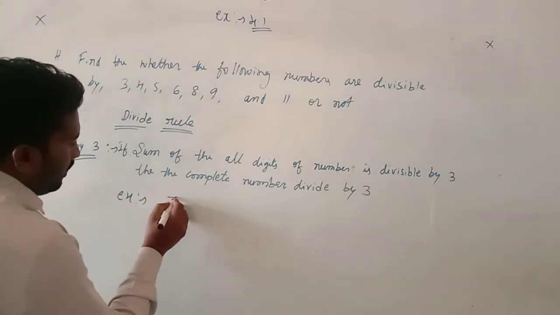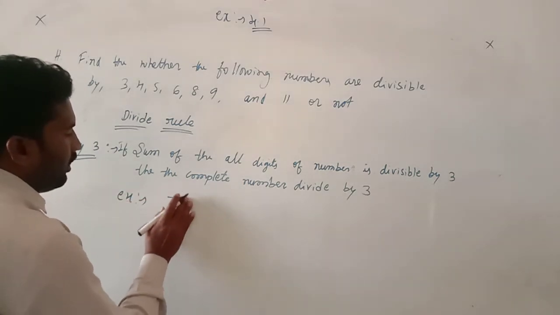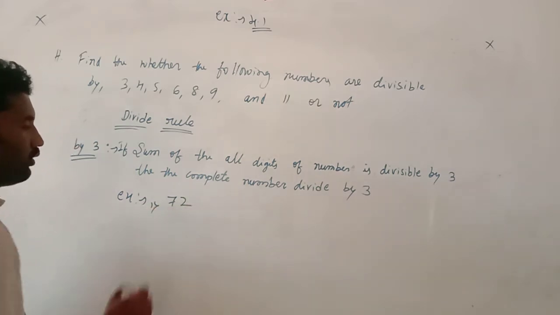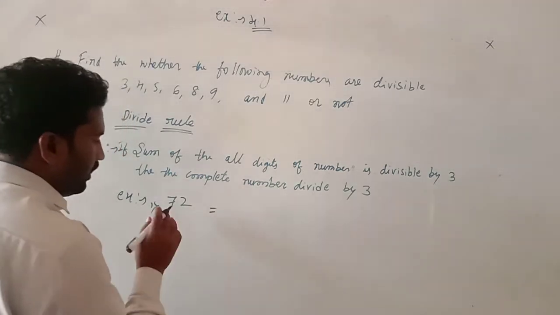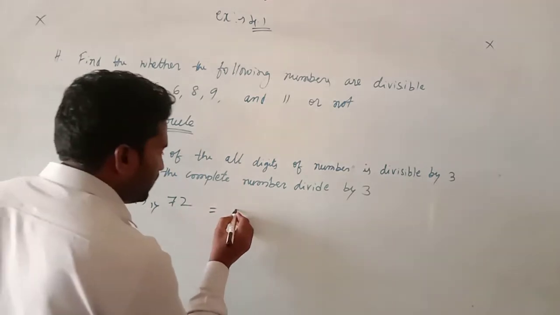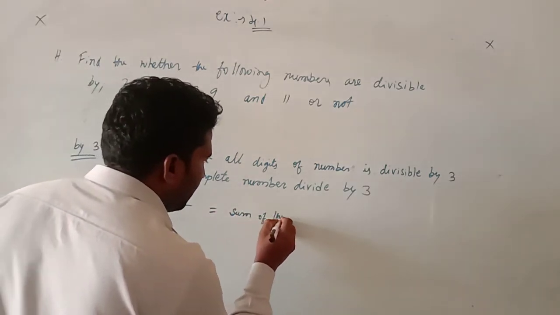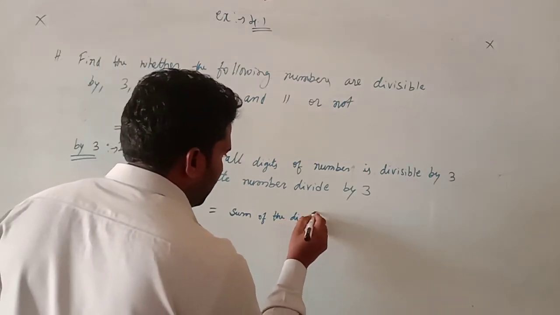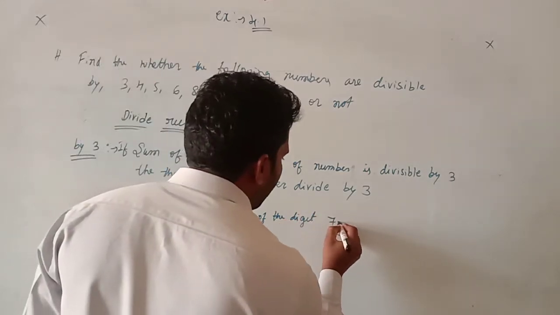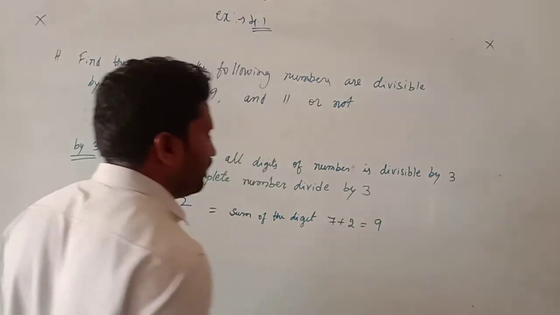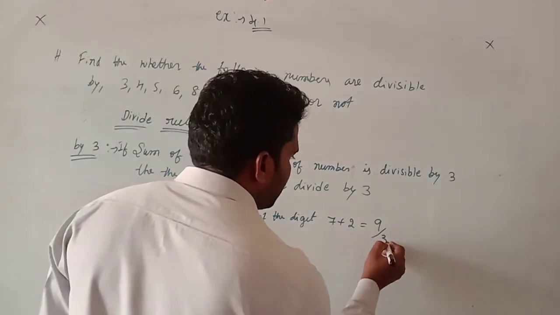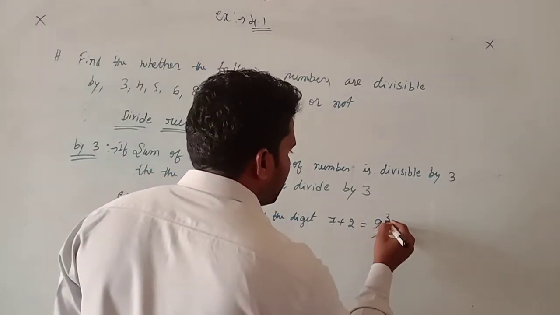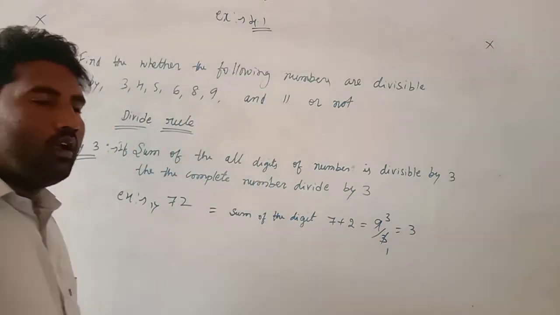Example: 72. I have taken one example, that is 72. Does it divide by 3 or not? How can you check? By adding the sum of the digits, that is 7 plus 2. We get 9. Can 9 be divided by 3? 3 threes are 9, so it divides completely.